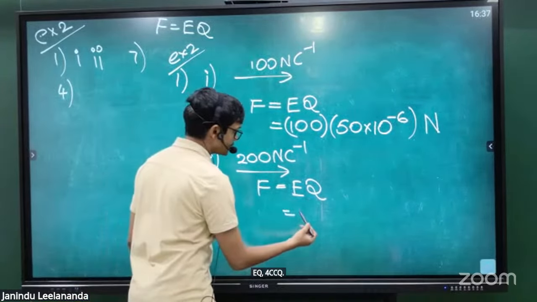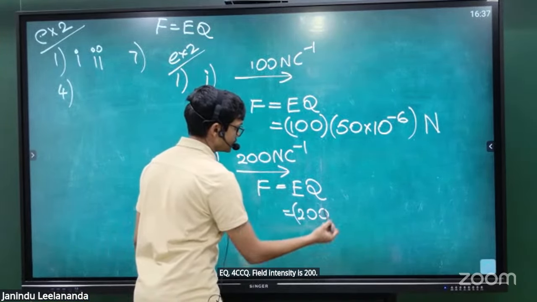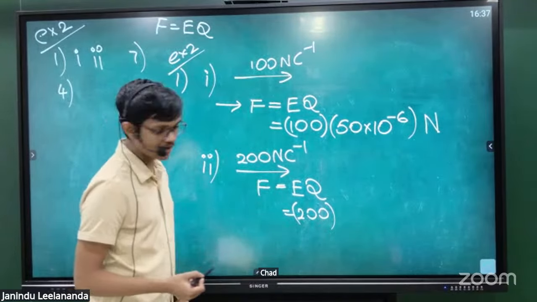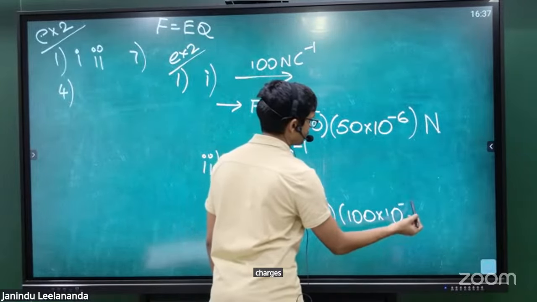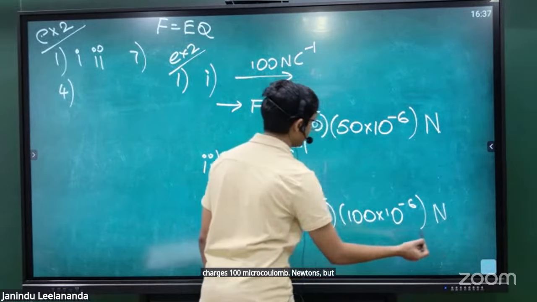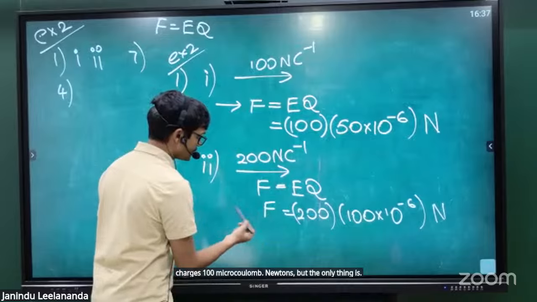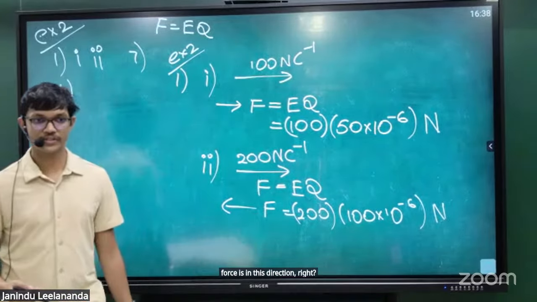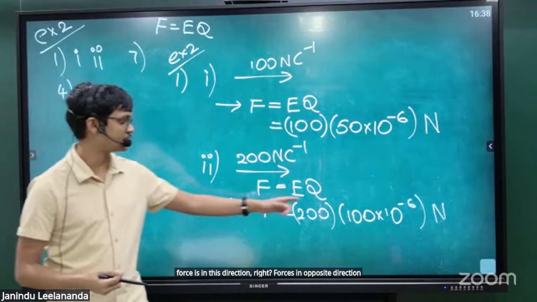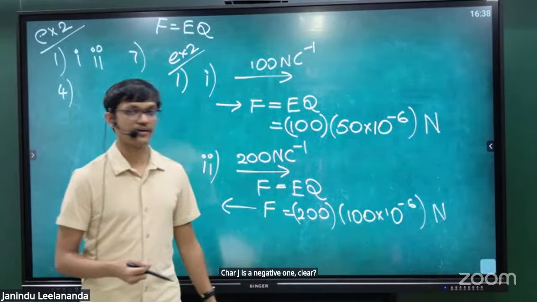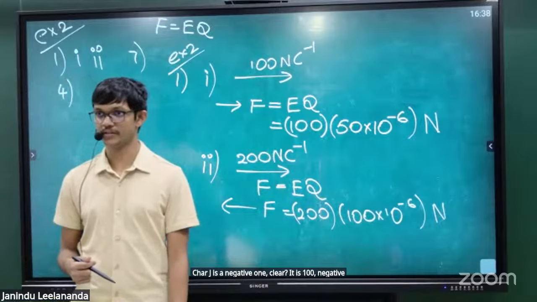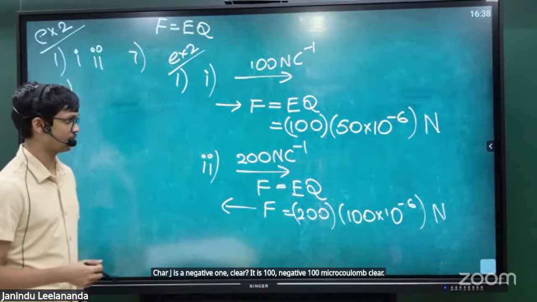Field intensity is 200, charge is 100 microcoulomb, but the only thing is force is in this direction, right? Force is in opposite direction. Why? It is a negative charge. Clear? It is negative 100 microcoulomb. Clear? Let's go to question 4.